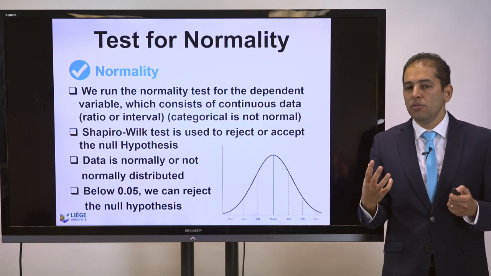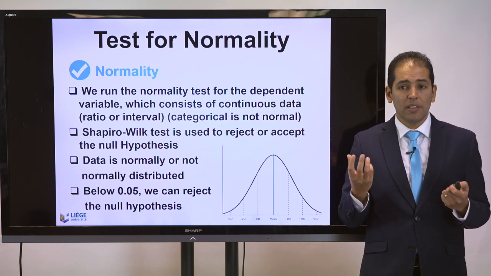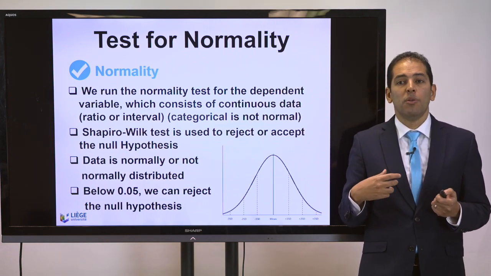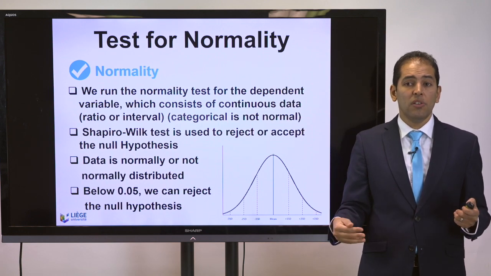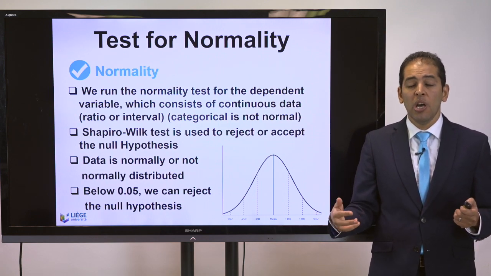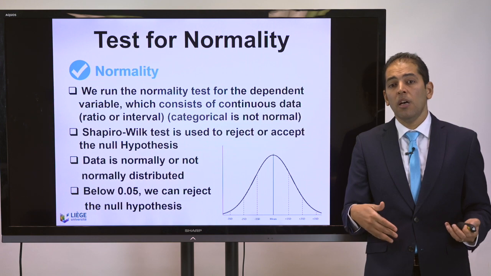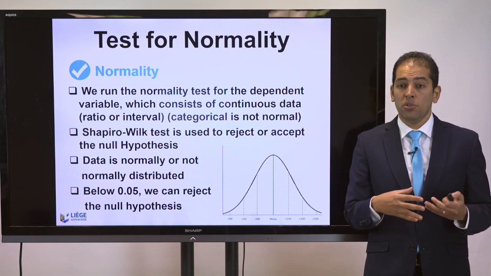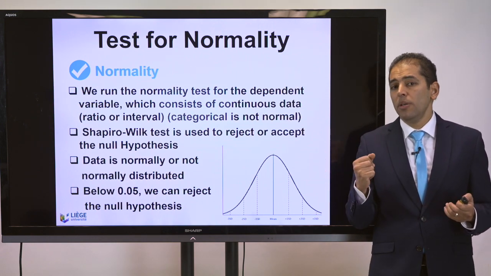Now, again, I need to remind you that we are operating under normal distribution conditions, so you always have to test for normality. We run the normality test for the dependent variable, which consists of continuous data, in the form of ratio or interval. Categorical data is not normal in this case.